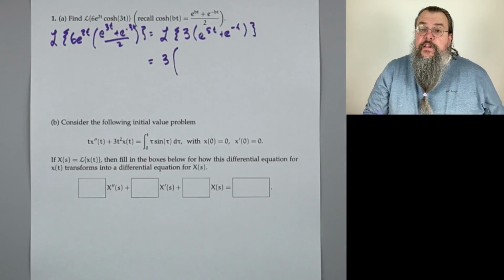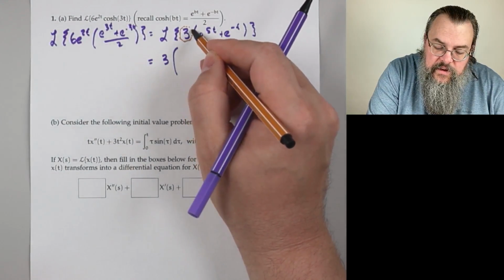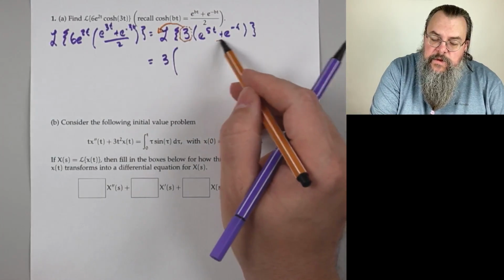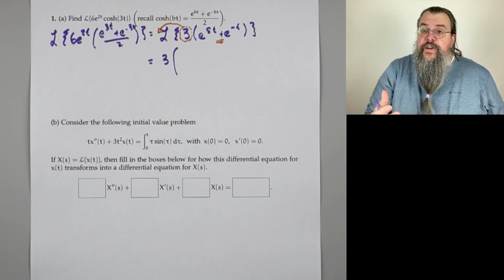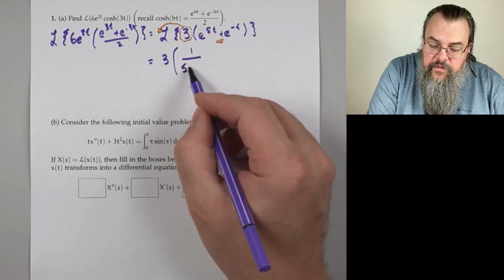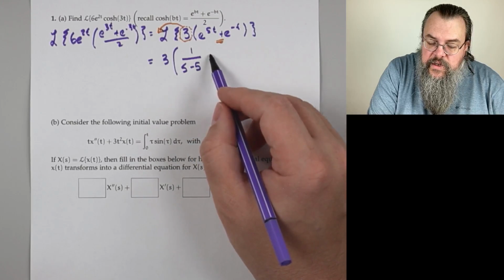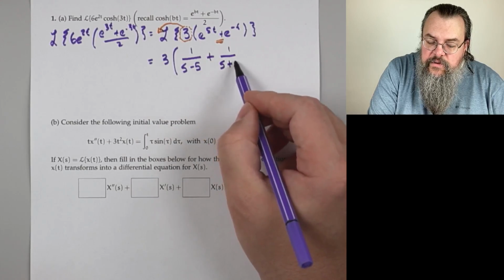And what happens is that the Laplace transform is linear, which means that constants can come out. It's also linear, which means that we can break at addition. So the Laplace transform of e to the 5t is 1 over s minus 5. And the Laplace transform of e to the minus t is 1 over s minus a minus 1.